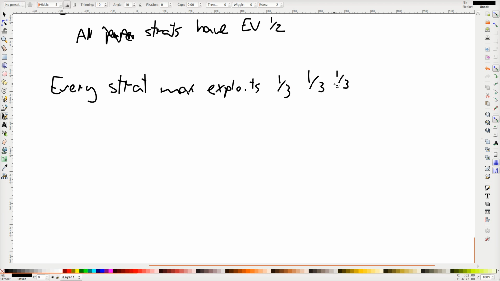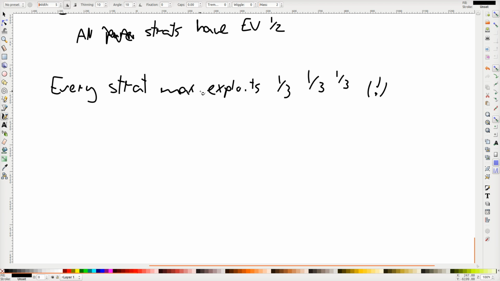So the maximum EV you could ever have against 1/3, 1/3, 1/3 is 1/2. And every strategy achieves that. So this is perhaps a little bit bizarre. I find it a little bit bizarre, so I'm going to put an exclamation mark there. And in particular, it means that 1/3, 1/3, 1/3 maximally exploits itself because it achieves EV 1/2 against itself, and you can never do better than EV 1/2 against itself.